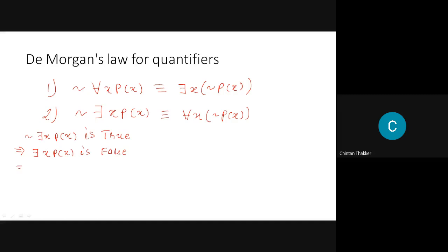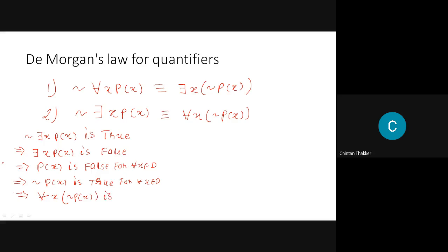Now this is false only if Px is false for all x belongs to D. So that implies we have negation of P of x is true for all x belongs to D. Now, if negation of Px is true for all x, so the universal quantifier all x negation of Px is true.